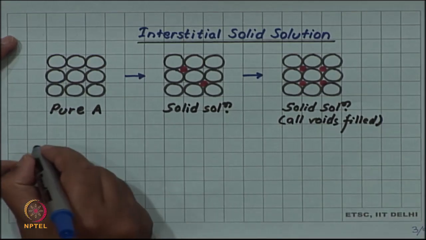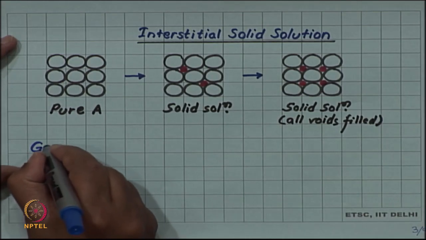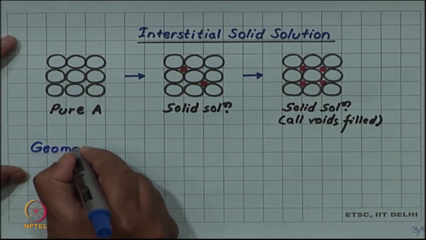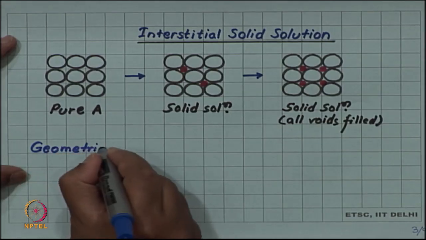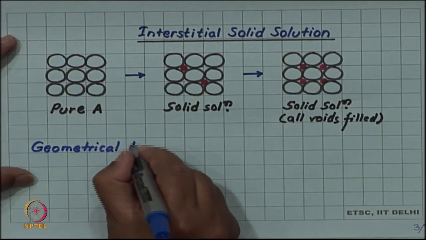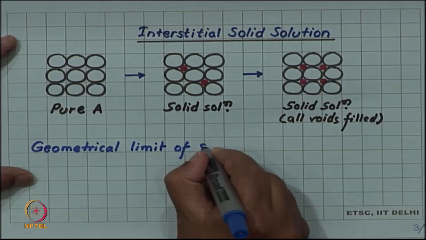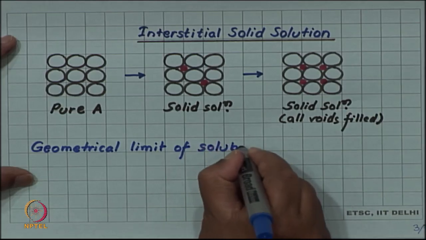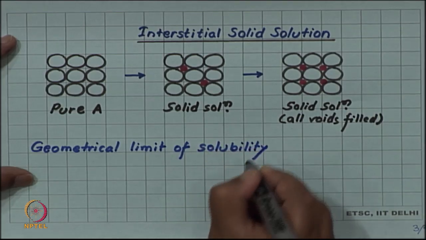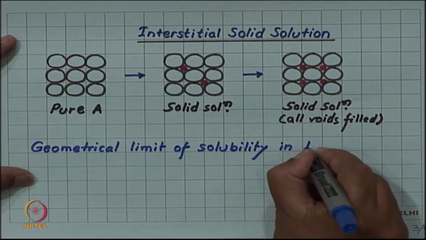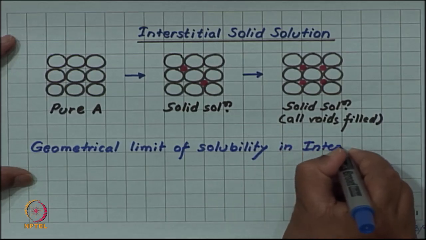So, this I will call a geometrical limit of solubility in interstitial solutions.